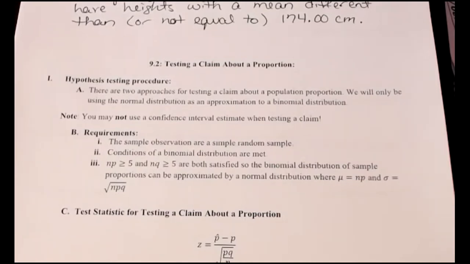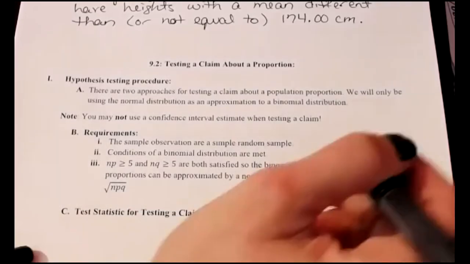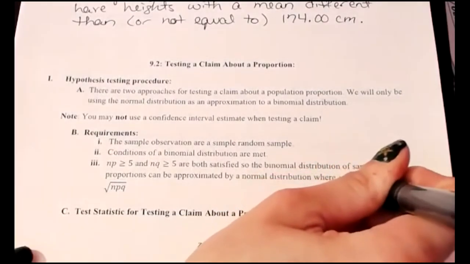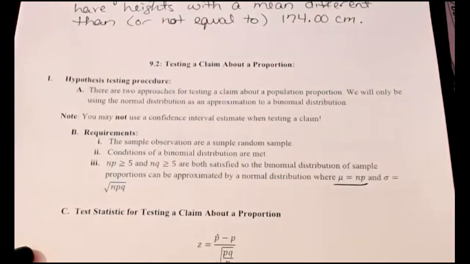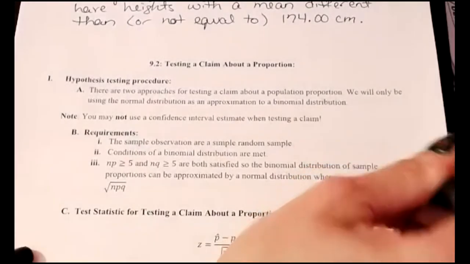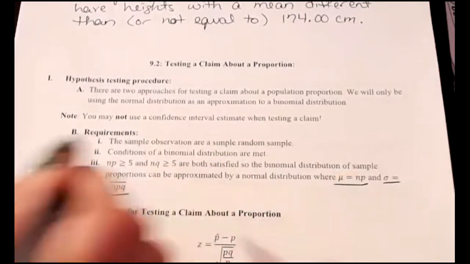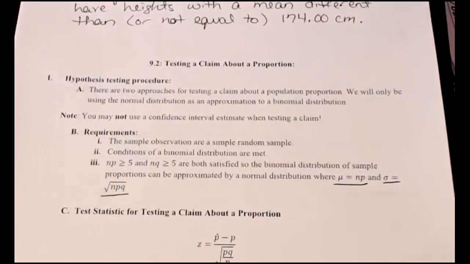So the binomial distribution of sample proportions can be approximated by a normal distribution. Remember that your mean is calculated by multiplying N times P, and that your standard deviation is calculated by taking the square root of the product of N, P, and Q. But this is all old stuff. We've done this before when we talked about the binomial distribution.